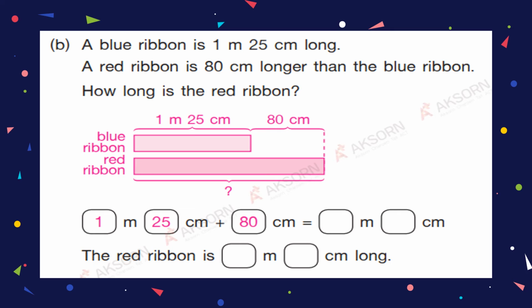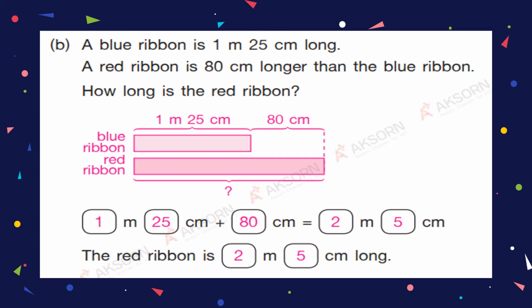Since 100 centimeters is equal to 1 meter, we're going to add 1 meter to the meters. So we have 2 now, and then 105, so 5 centimeters. The red ribbon is 2 meters and 5 centimeters long.